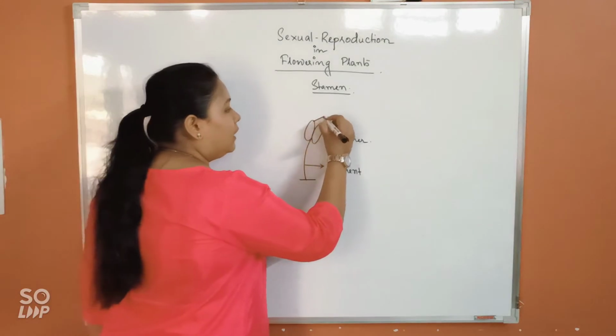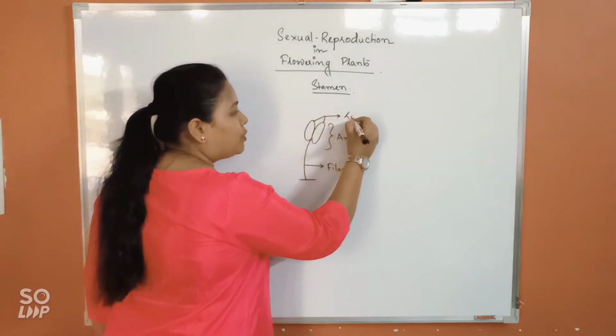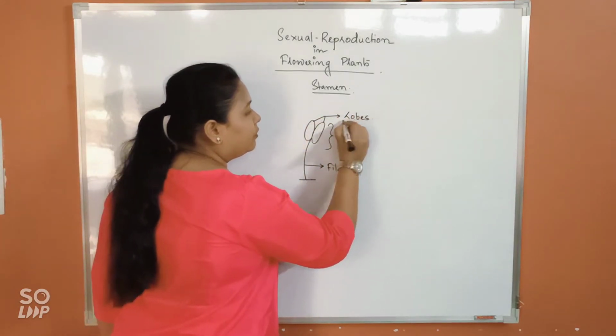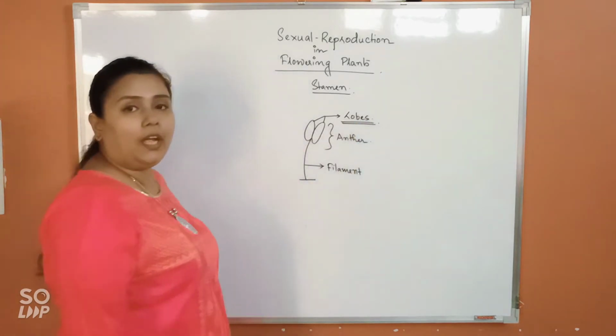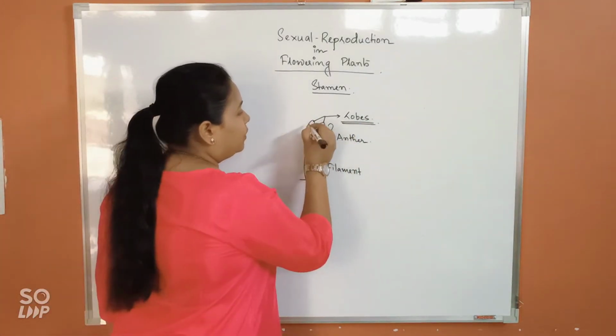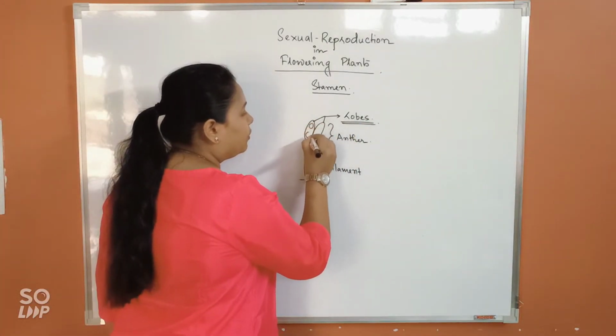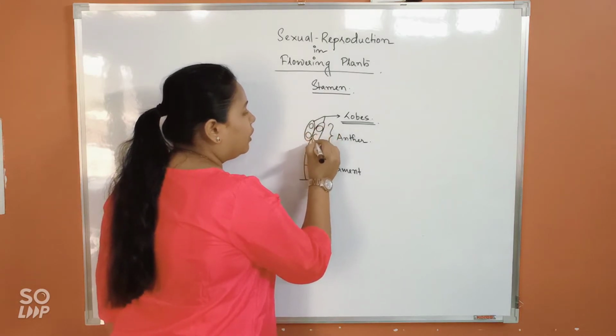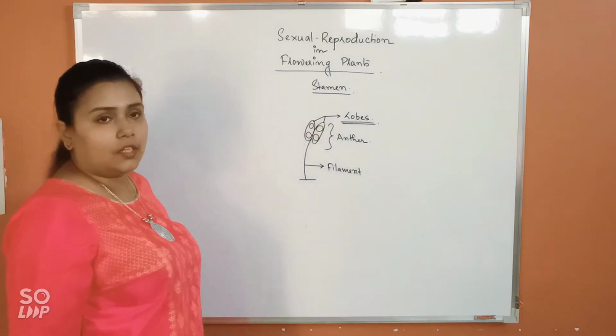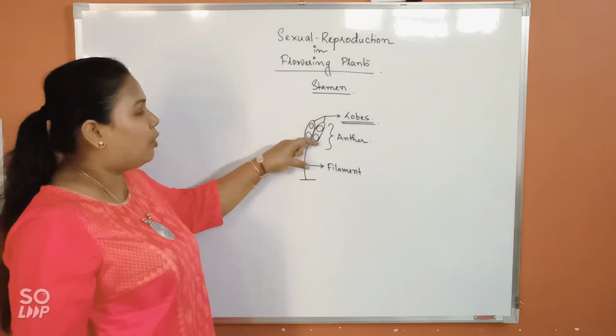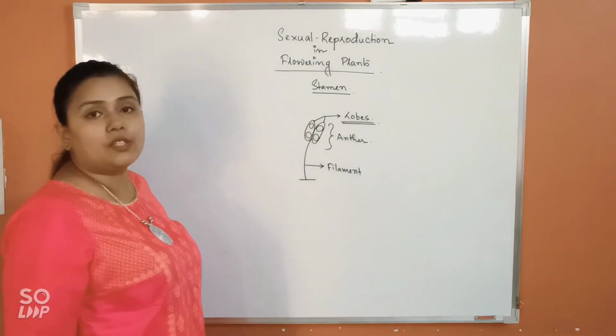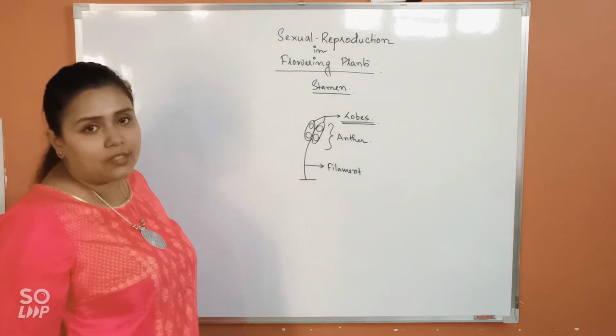So these are the two lobes. And each lobe consists of two chambers. So these chambers will be at four corners and hence giving rise to tetrasporangiate state.